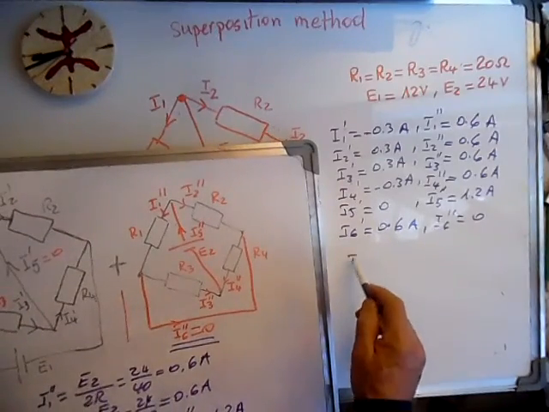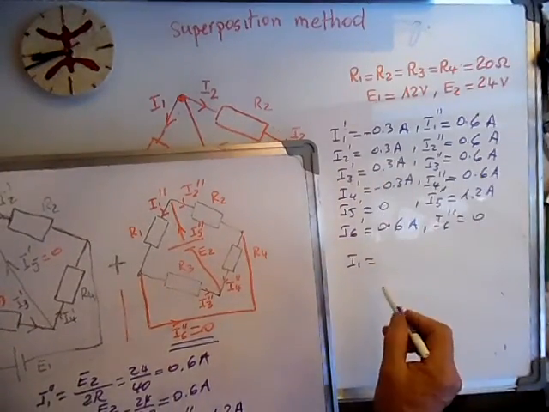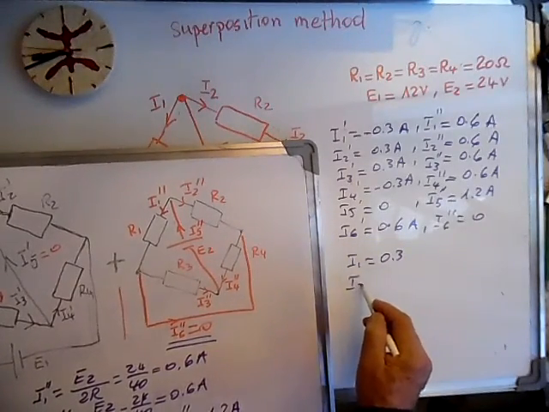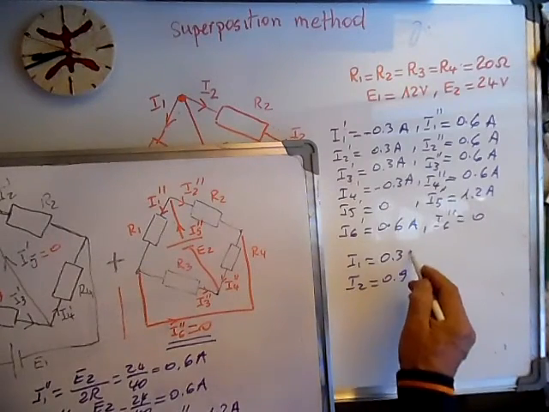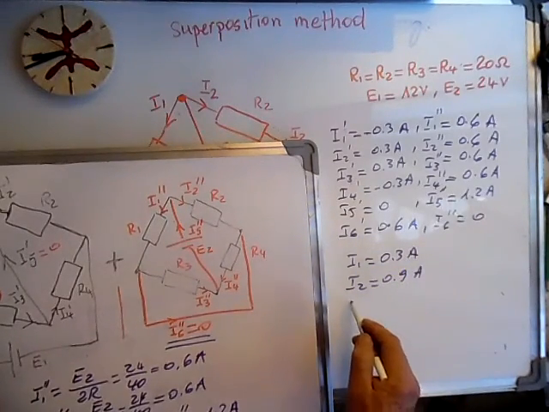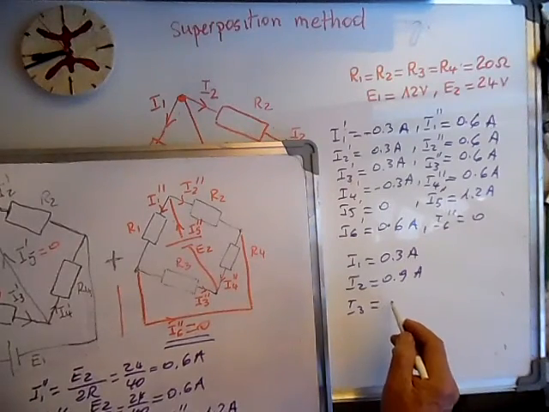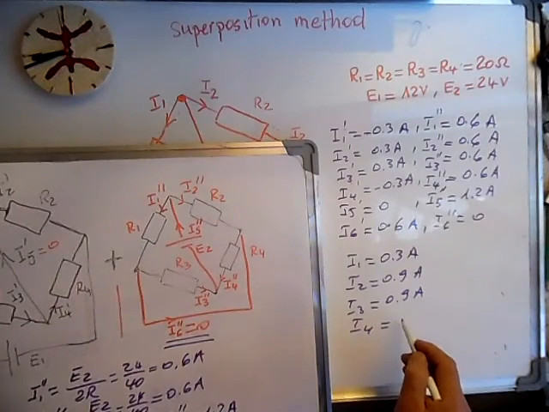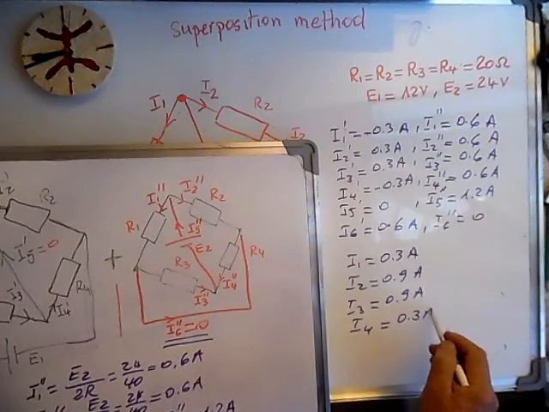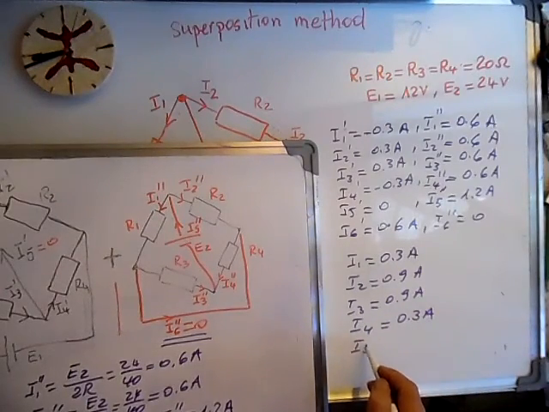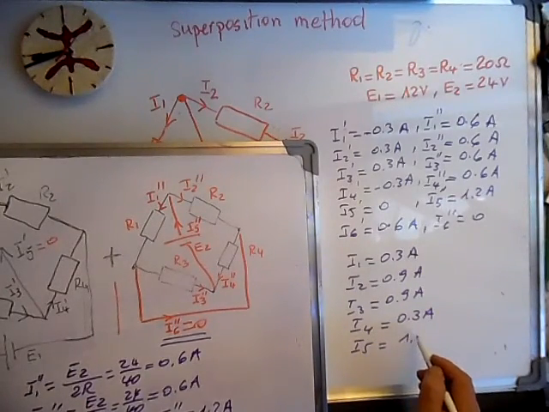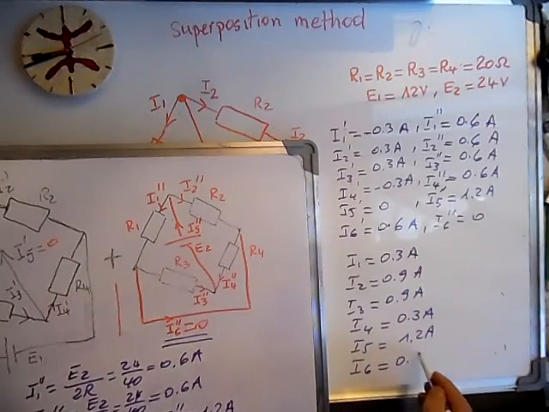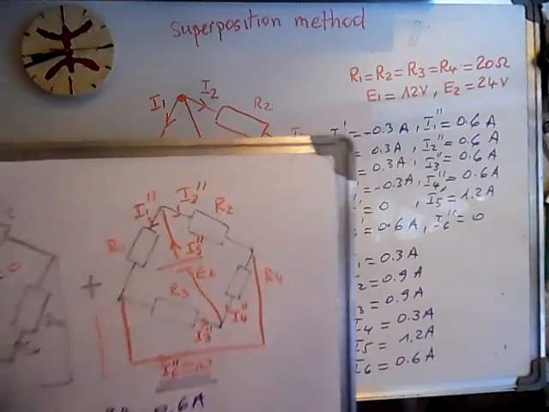So I1 is equal to the sum of the two, 0.3. I2 is equal to 0.9, the sum of the two. I3 is equal to 0.9 amp, I4 is equal to 0.3 amp, I5 is equal to 1.2 amps, I6 is equal to 0.6 amp, and that's it.